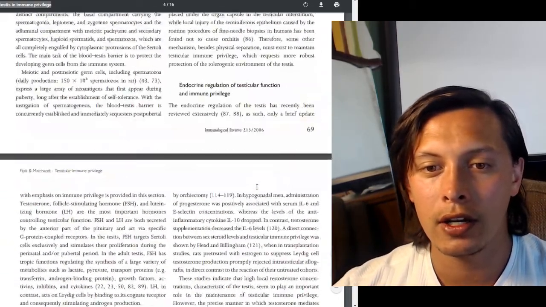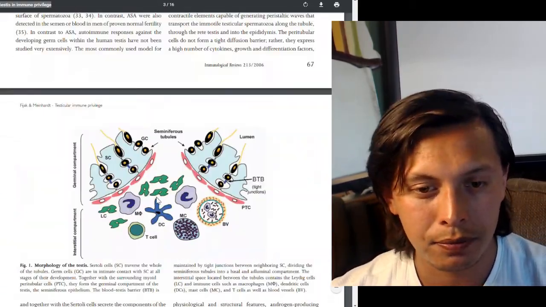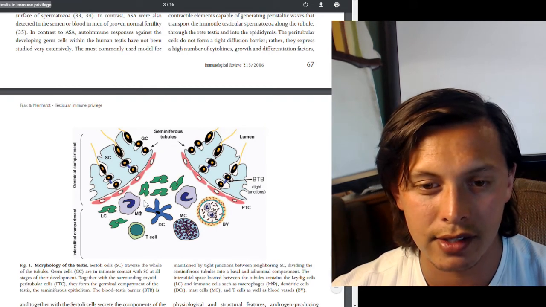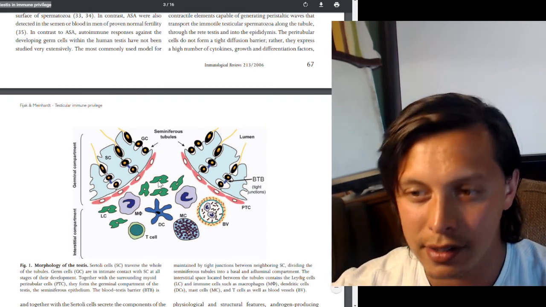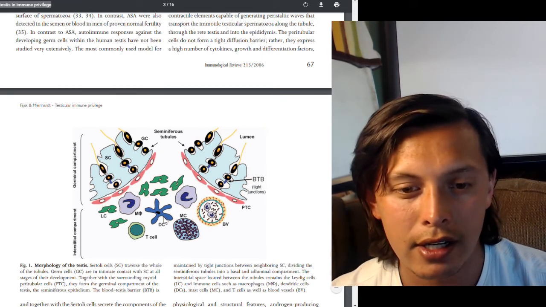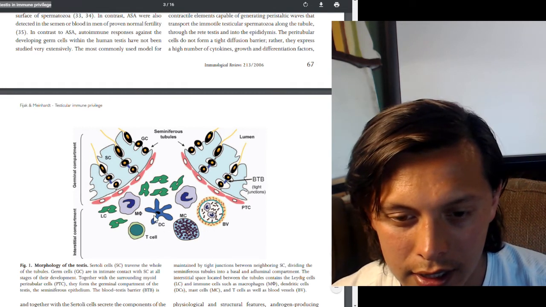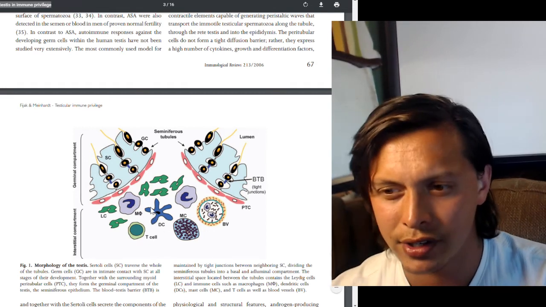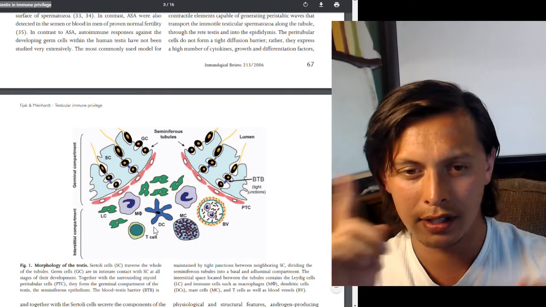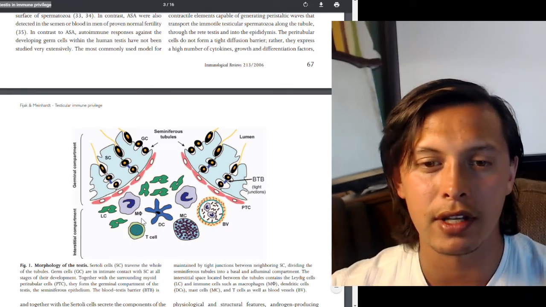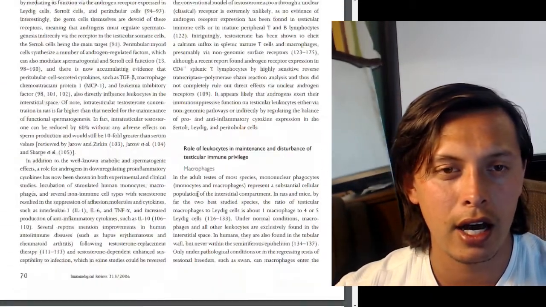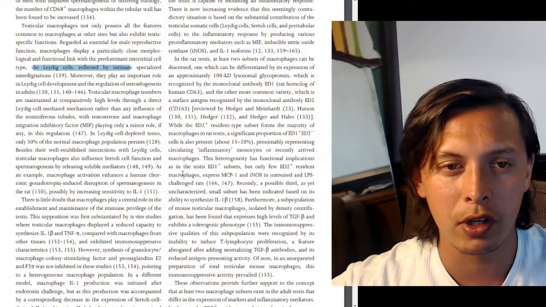Here you can see the Leydig cells have, I guess, digitations, right? But what is this? This is the dendritic cells. Well, dendritic cells, I think, always have these dendrites or branches coming off of them. So yeah, this is throwing me for a loop a little bit.